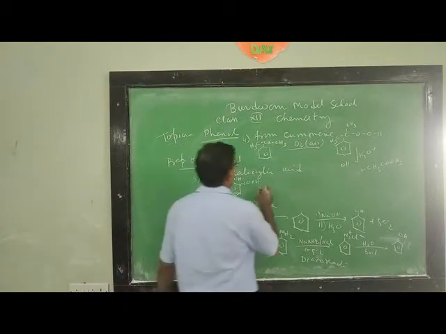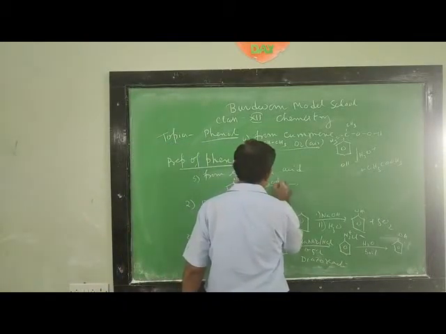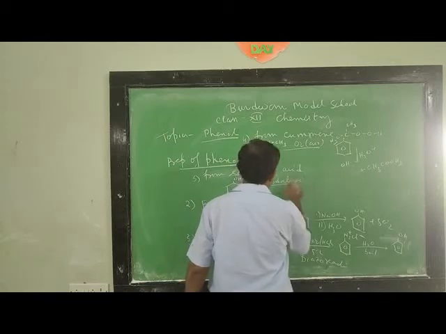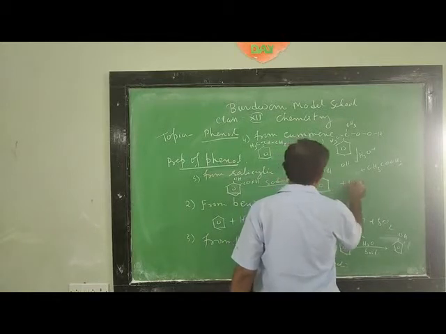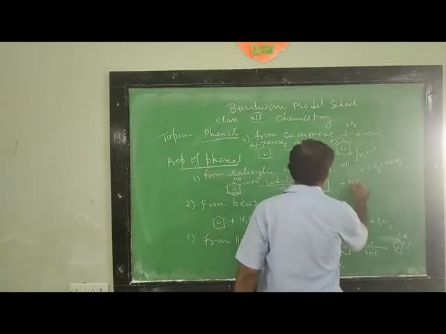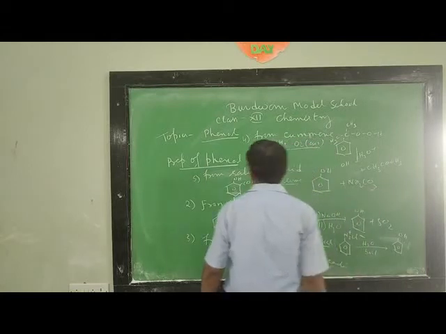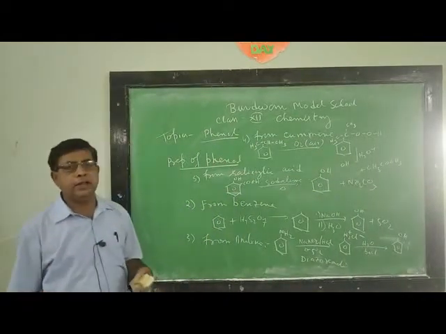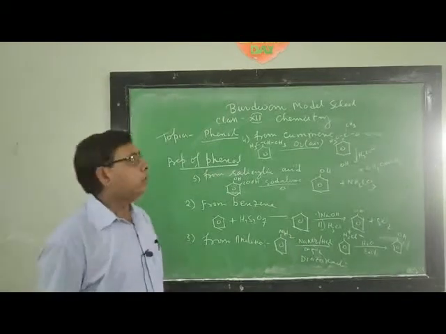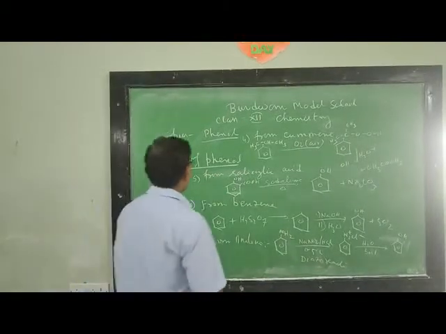When heated with soda lime, it forms phenol plus Na2CO3. So this is also another method for the preparation of phenol. Salicylic acid when heated with soda lime gives phenol.